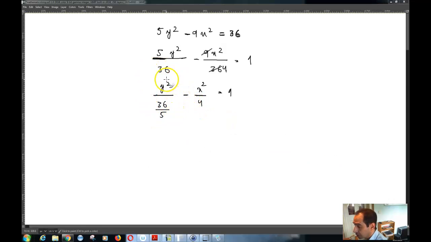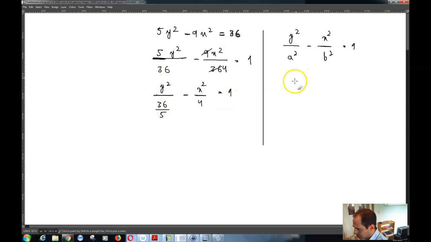So now if I write this equation as y squared over a squared minus x squared over b squared is equal to 1, then a squared is equal to 36 by 5, which means that a is equal to the square root of 36, which is 6, over the square root of 5.